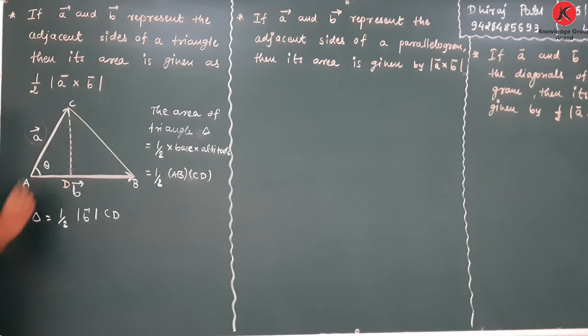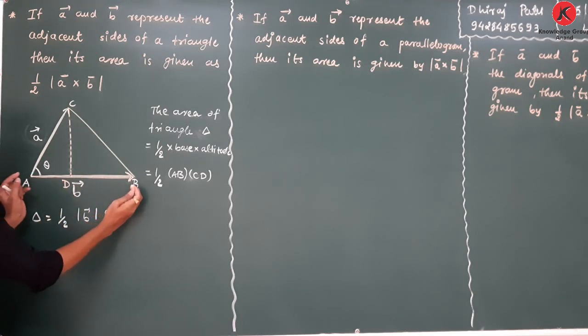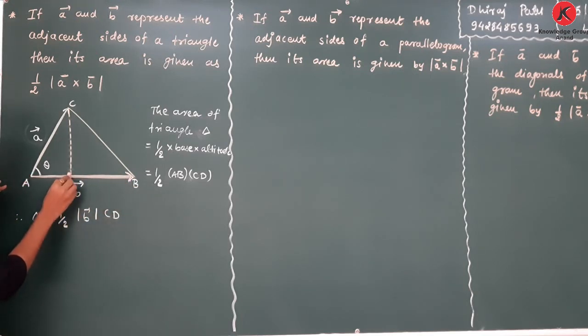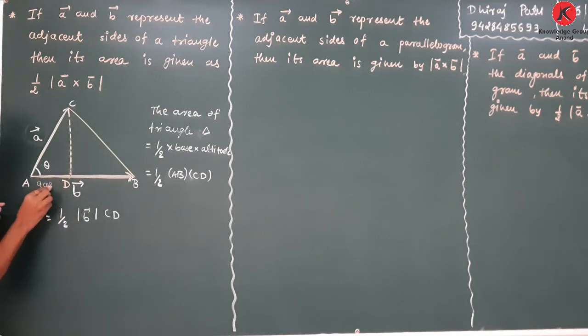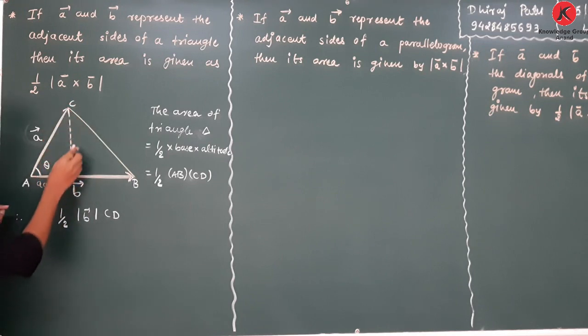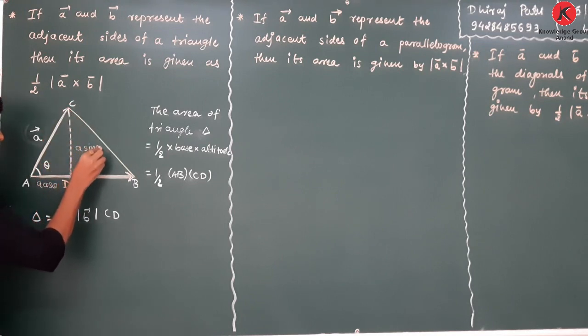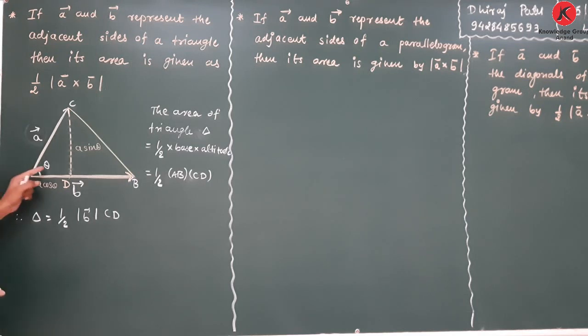We know the perpendicular and parallel components of vector A. You have studied components of vector A in physics. You know the component with which the angle is made, with which the angle is measured, is represented by the cos component. This is the cos component, A cos theta. And this is the perpendicular component, which is A sin theta, with which the angle is not measured. You learned this in physics. Clear? If not, it is simple.